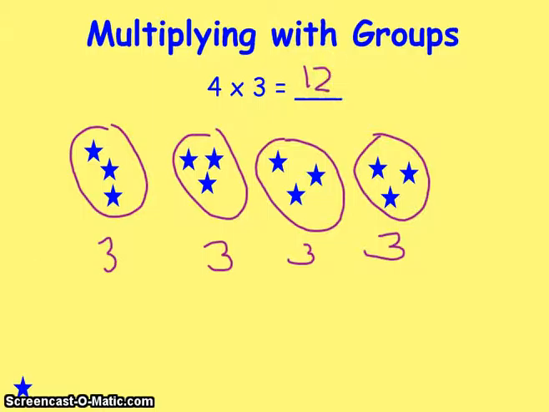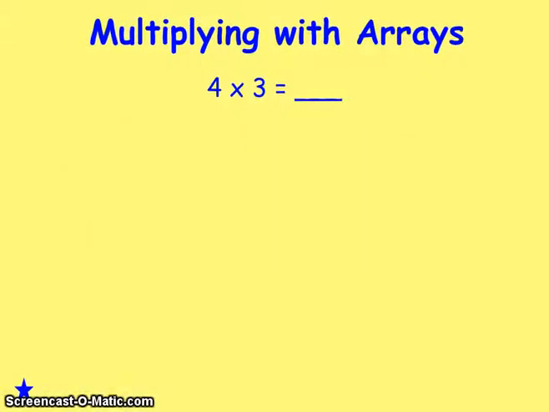Next, we'll multiply with arrays, remembering that arrays are rows. So I have 4 times 3, so that will be 4 rows of 3.